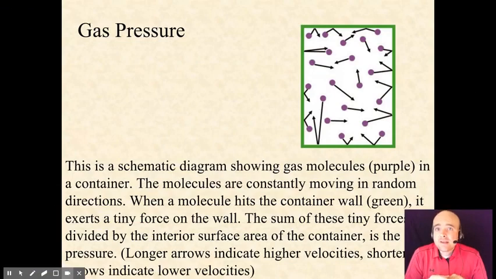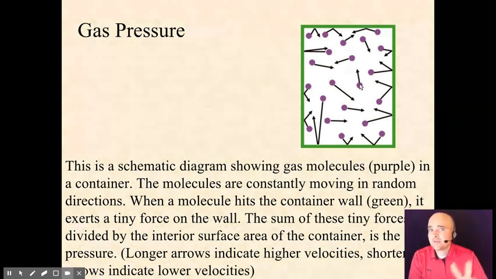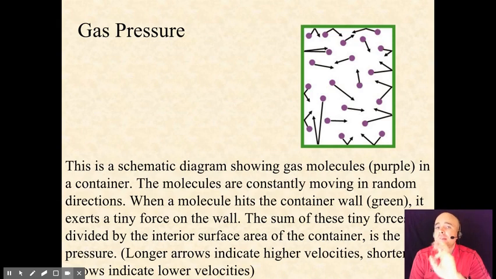Another way you can see gas pressure is by a diagram that looks just like this. These little purple orbs represent gas molecules. They can be any color you want, but they also all have one arrow. The arrow shows two things: the direction and the magnitude. That comes from a physics term called a vector, the first thing you learn in a physics class.